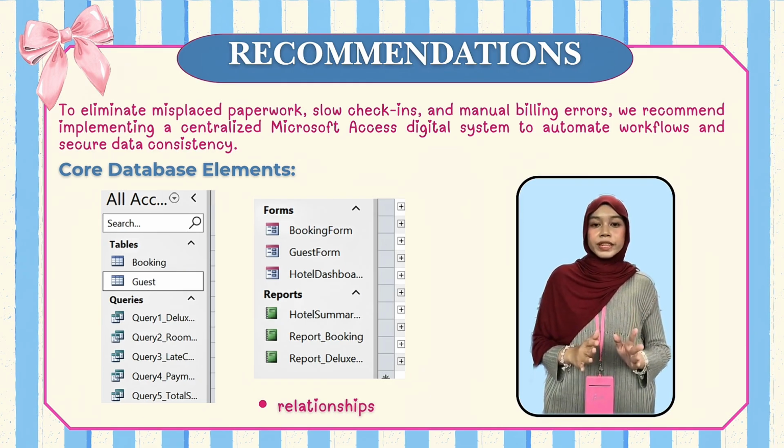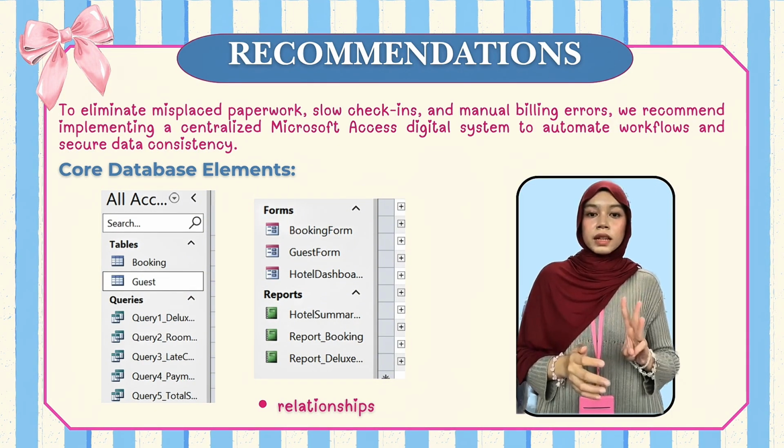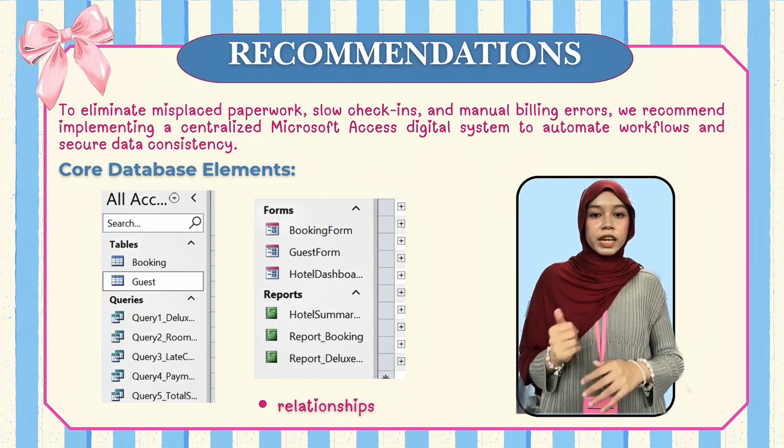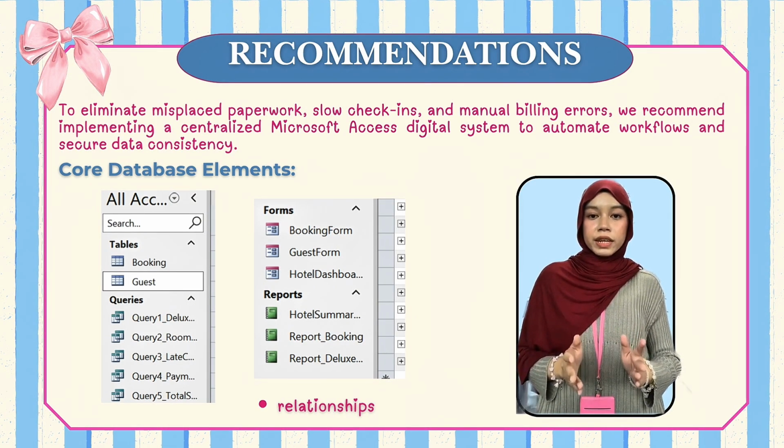Second, we establish a formal relationship to link these data categories together, ensuring room availability matches the right guest without any duplication. Third, we implement queries to let our front desk staff filter and search for specific check-in dates or room status instantly.